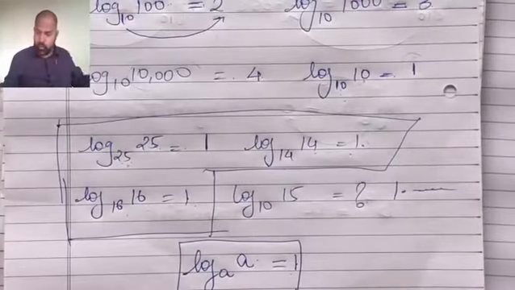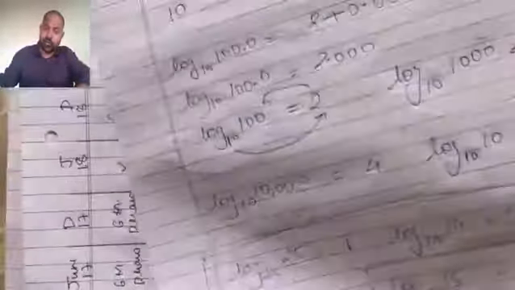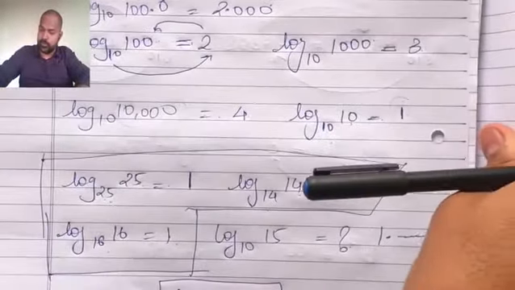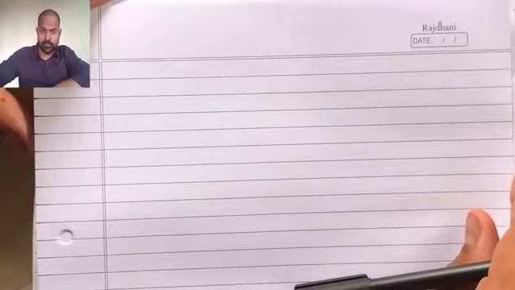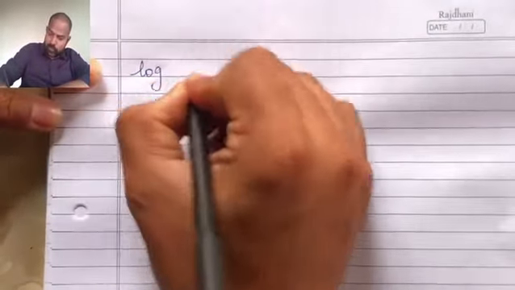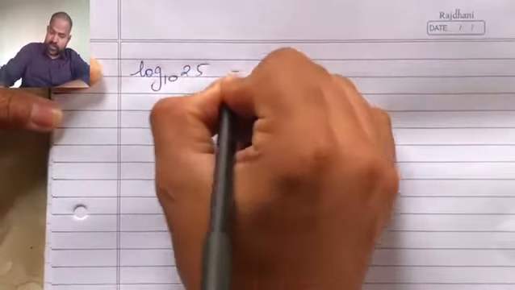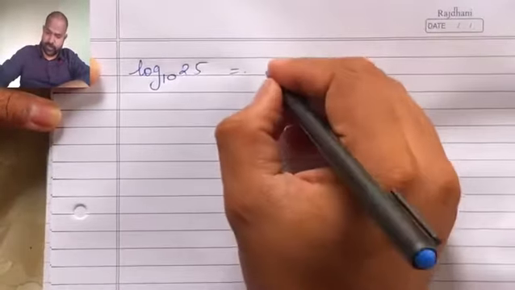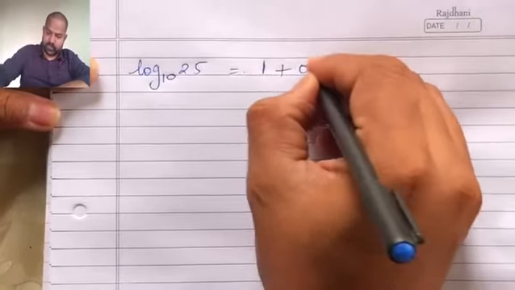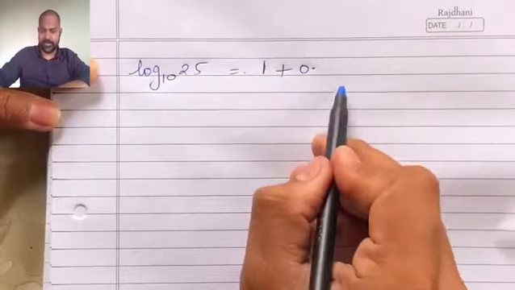So tomorrow, if I ask you, what is the log of 25 to the base 10? I can tell you. 25 is 2 digits before the decimal, minus 1 is 1, so the characteristic is 1, plus the mantissa.